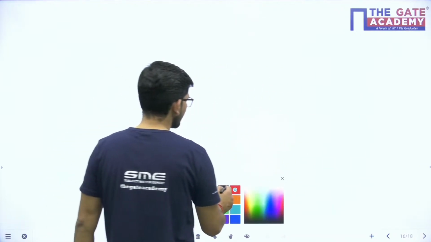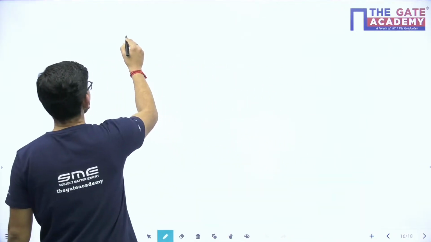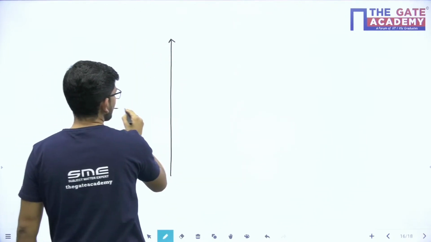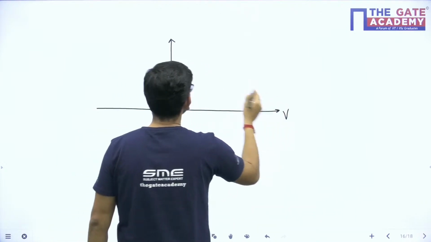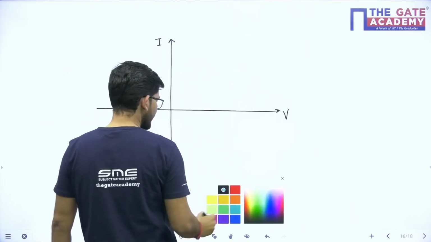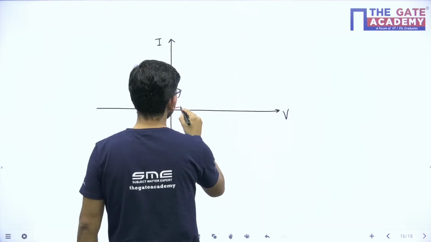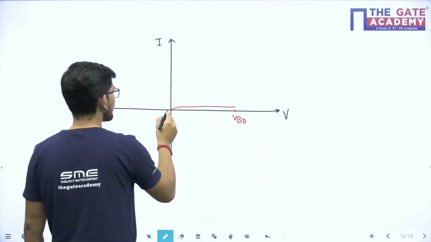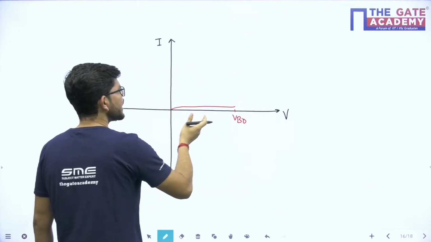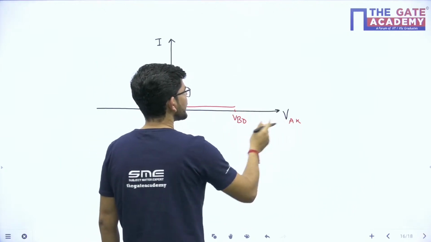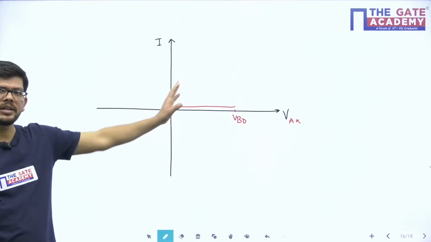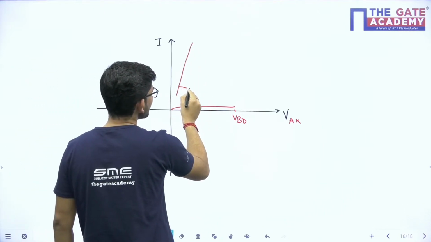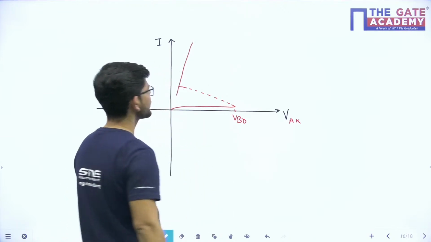The VI characteristic of SCR will be something like this. This is the forward blocking mode, and this is the forward breakover voltage. If you increase the applied anode cathode voltage greater than VBO, the device will turn on, but this is not recommended, as this will damage the junction J2.